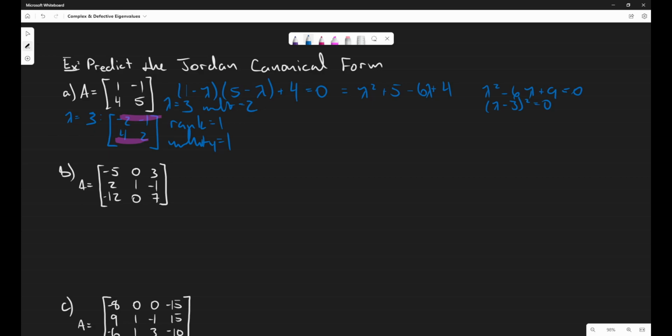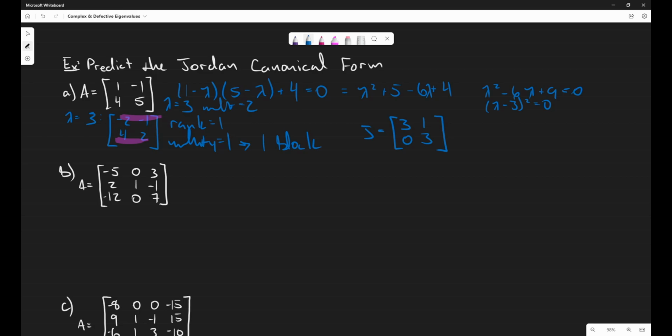So if we have a nullity of 1, that means there's going to be 1 block. And that's pretty much it. All you have to do is write your Jordan block, which is going to be a 2 by 2 matrix, and it's going to contain 1 block. As always, the main diagonal will have our eigenvalues, and then our block will be this right here. Like I mentioned in the lecture, it's a k by k.